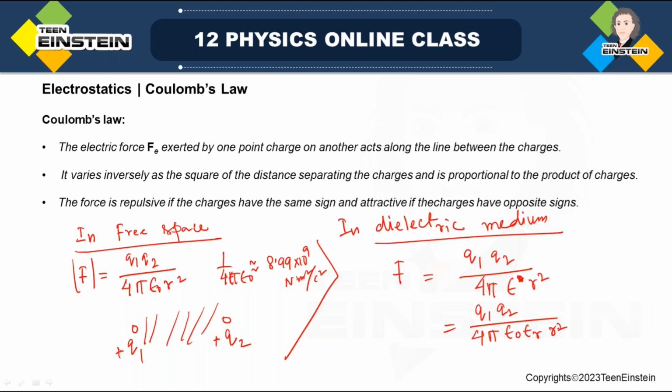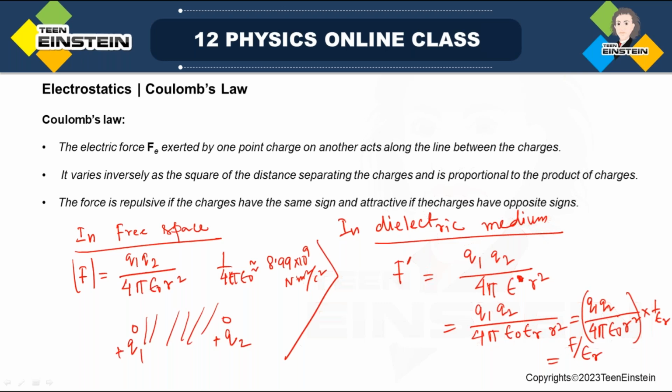You look here: this particular part, Q1, Q2 by 4 pi epsilon naught r square, is my original force. Now it is F prime, which is into 1 by epsilon r. So you can see we are getting F by epsilon r.